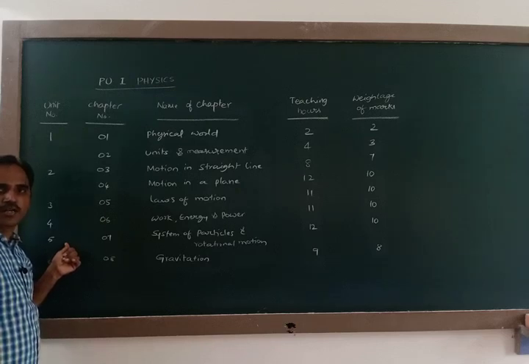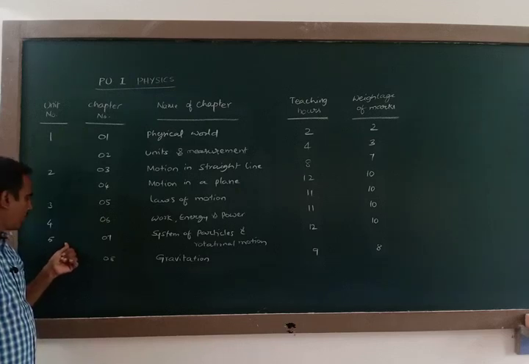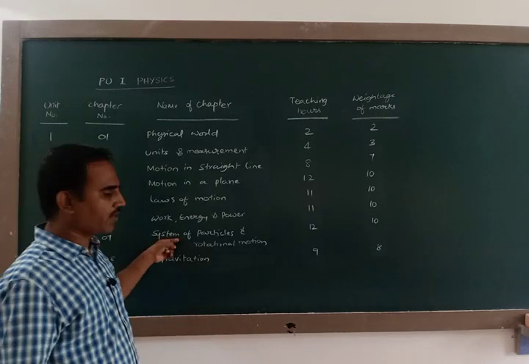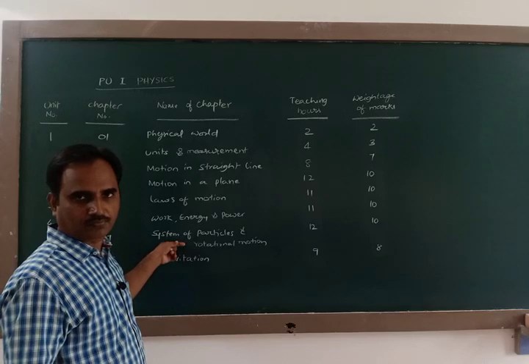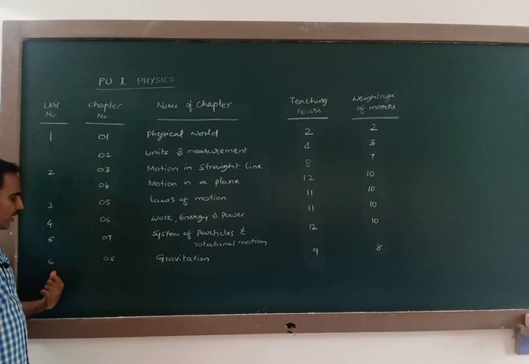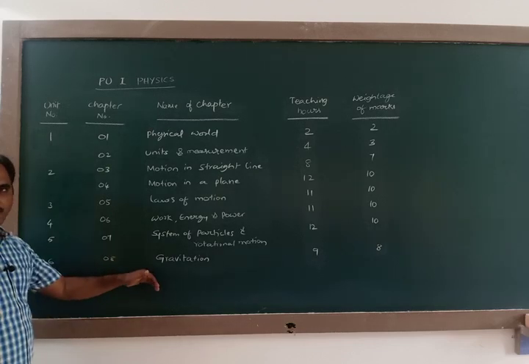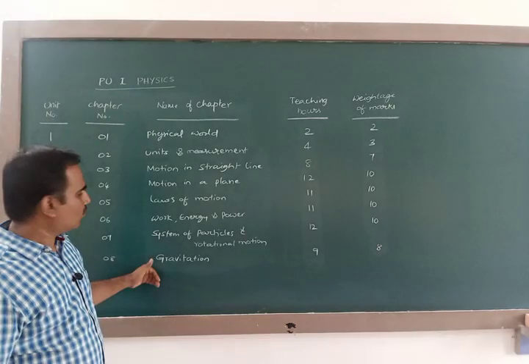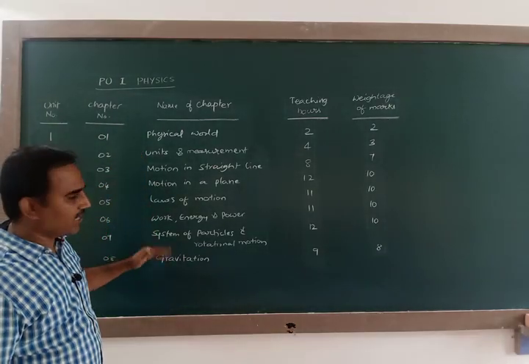This 5th unit or 7th chapter is nothing but system of particles and rotational motion. And the next one is the 6th unit and 8th chapter, that is gravitation. So all these things come under the study of mechanics.